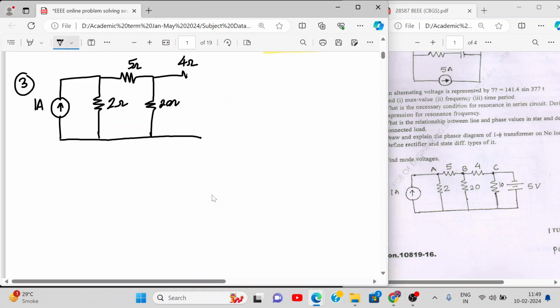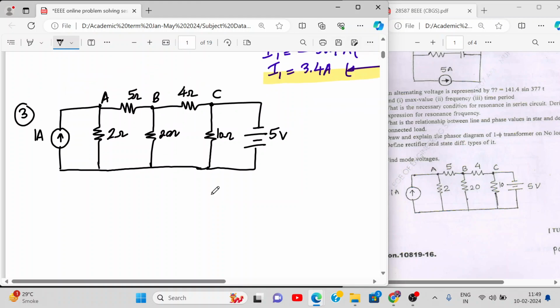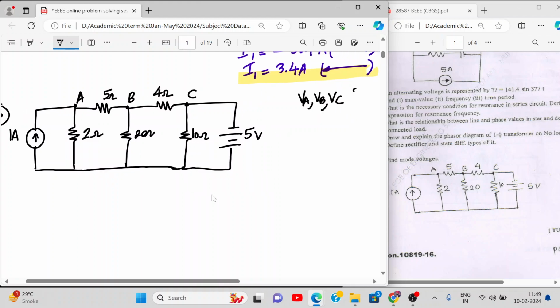So this should be 4 ohm, 10 ohm, and then we have a battery over here. Alright. Okay. So this is C, this is B, this is A. Now we have to find the node voltages VA, VB, VC. So the best technique is nodal analysis.